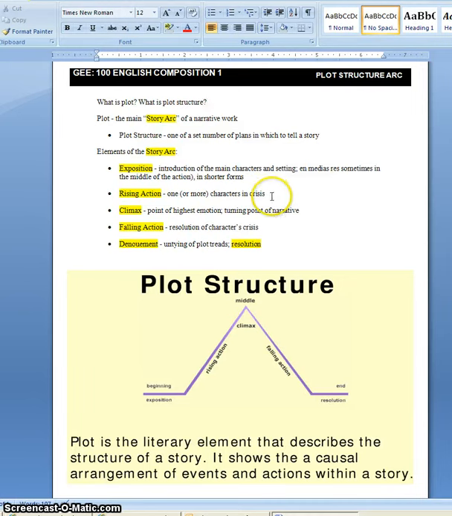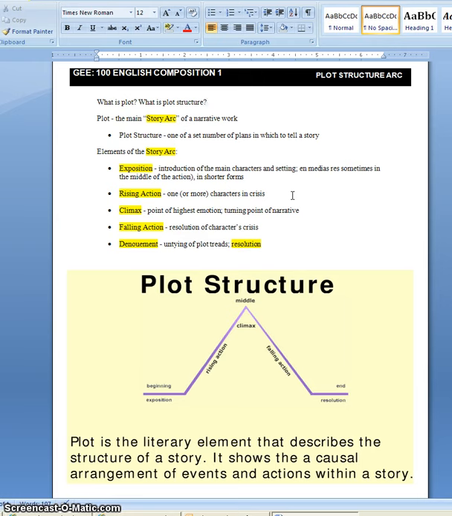From there, you move to your second paragraph, which is the same as your first body paragraph. Now you need to start to talk about what occurred. What did you do? Or what happened to you that started the movement in this story?